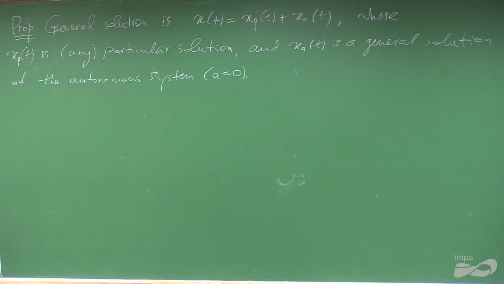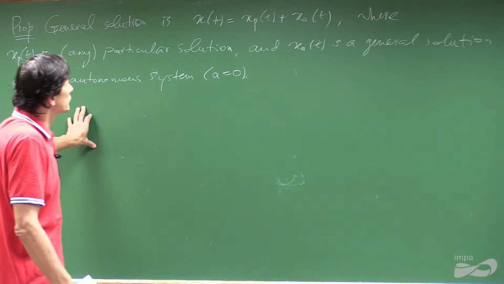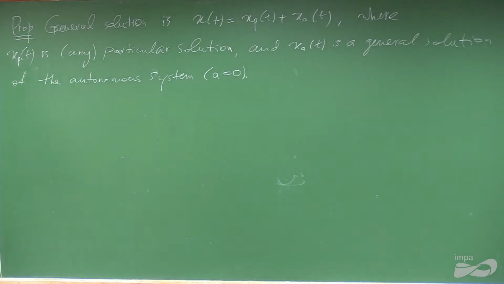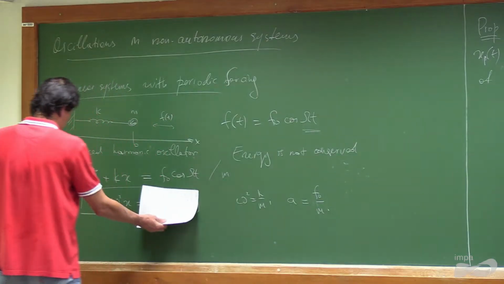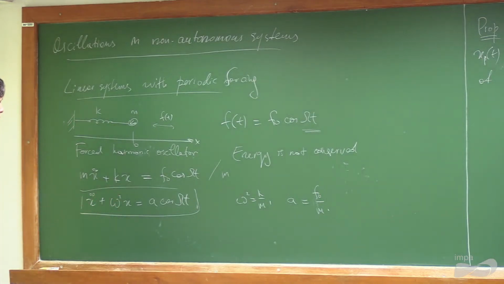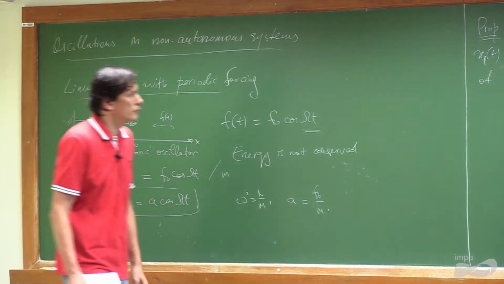So that's extremely convenient because you reduce the solution of this system to solving the system without right-hand side, which we already know how to solve, and finding just any solution to this full system. So you just need to find one solution of the full system.